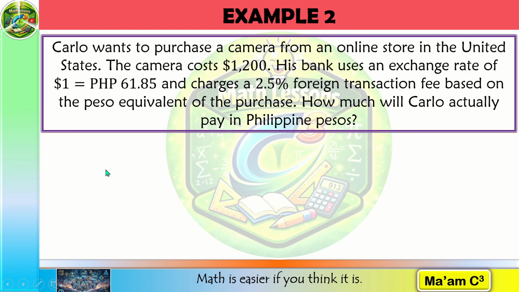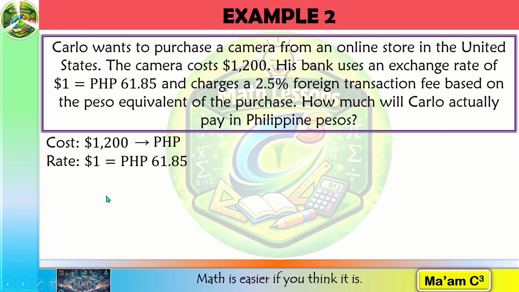So the cost of the camera is 1,200 US dollars and Carla wants to know how much she will pay in Philippine pesos. So she's going to convert this to PHP. The given rate is 1 US dollar equals 61.85 Philippine pesos. Here is our base currency.